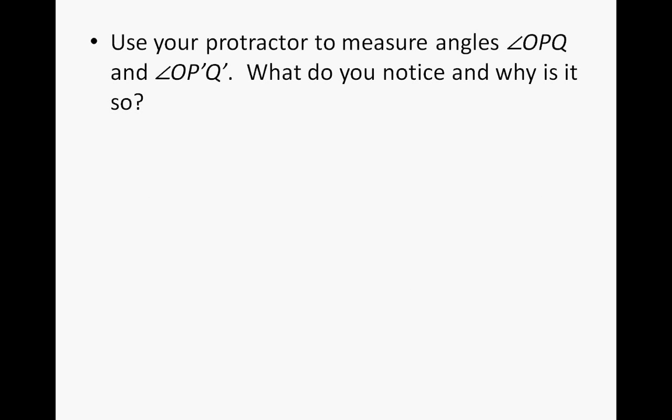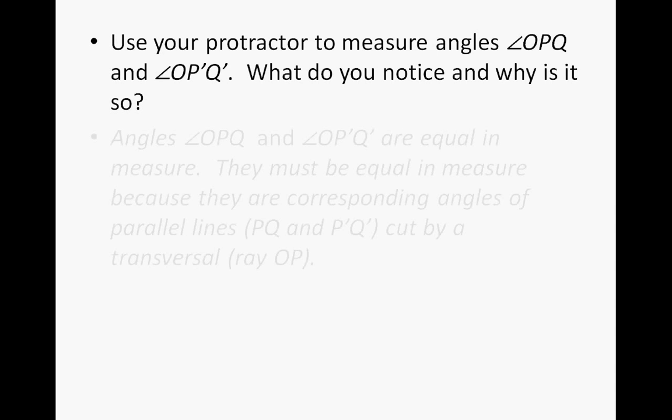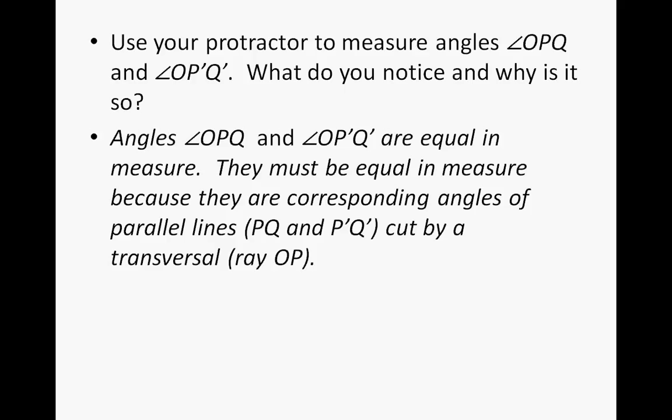Use your protractor to measure angles OPQ and OP prime Q prime. What do you notice, and why do you think this is so? Both angles are equal in measure. They must be equal because they are corresponding angles of parallel lines, those parallel lines being PQ and P prime Q prime, cut by a transversal, which is the ray OP.